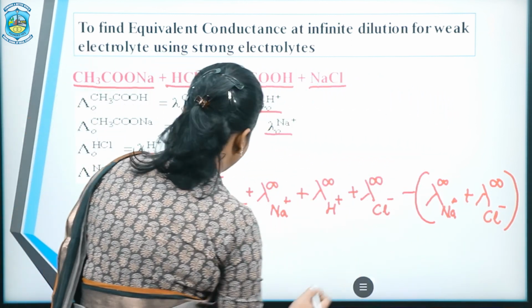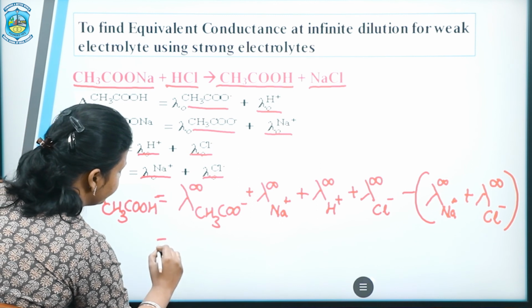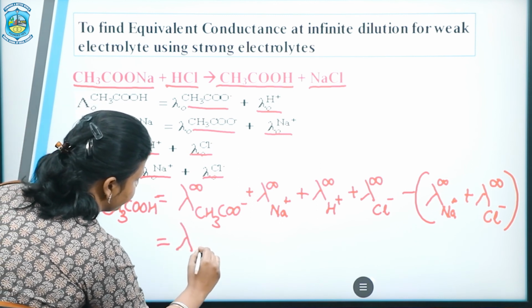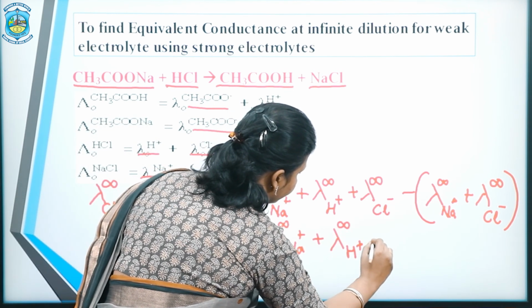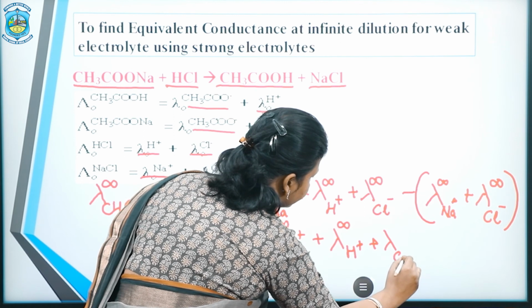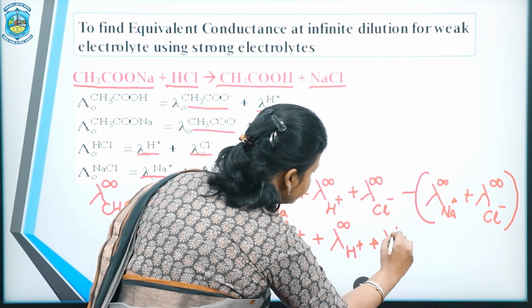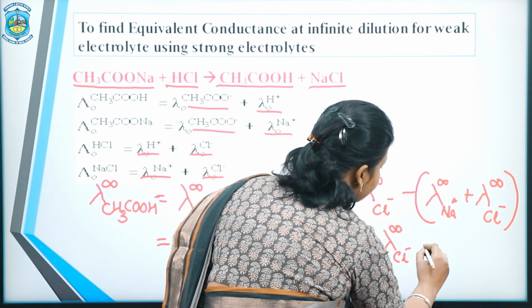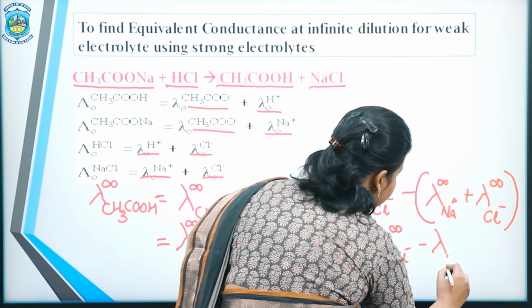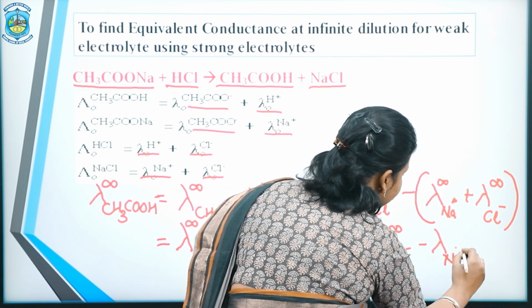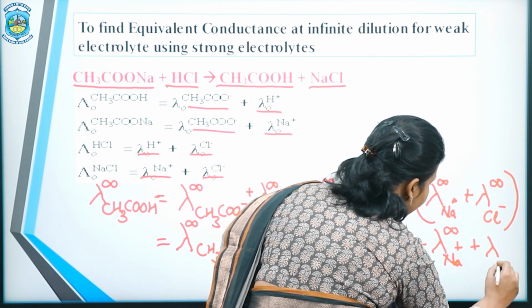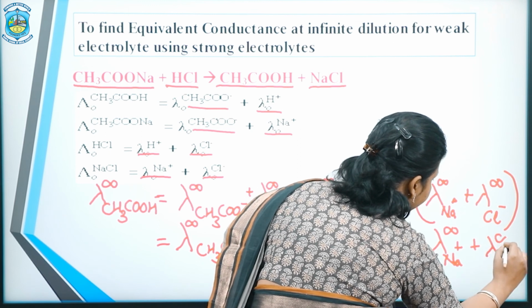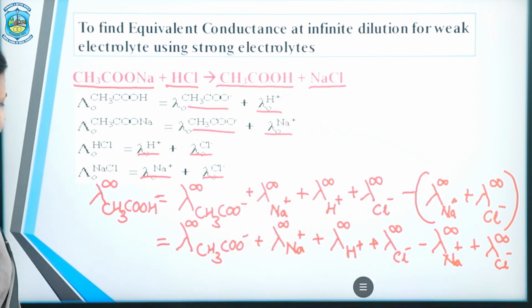When we open the bracket, the sign will change and we will see that the like terms in the equation will get cancelled, resulting in our final equation where the equivalent conductance for acetic acid will be obtained.